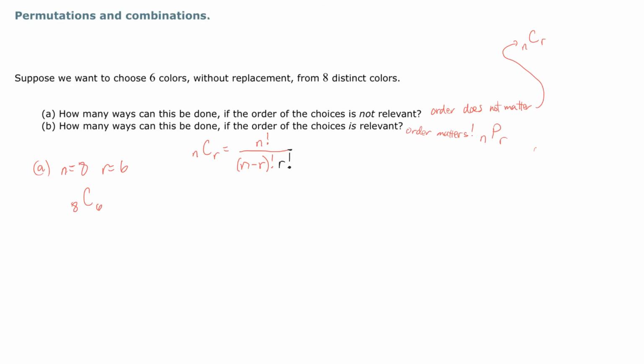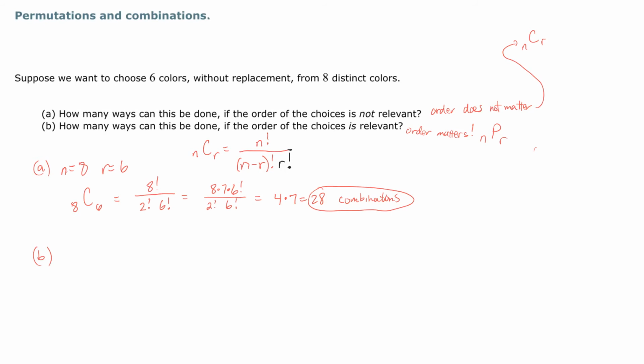Let's finish this off. 8 factorial over 2 factorial times 6 factorial, and then we simplify. Simplify the common factors, and we're left with 4 times 7, which is 28. So there are actually 28 combinations in part A.